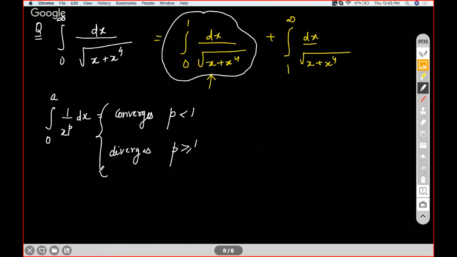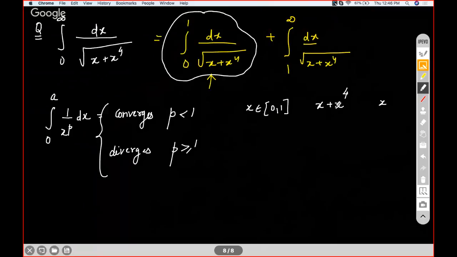Now see here. When you are in the interval 0 to 1, remember you are dealing with fractions. Now tell me, when you are in the interval 0 to 1, which is greater, x plus x to the power 4 or x?